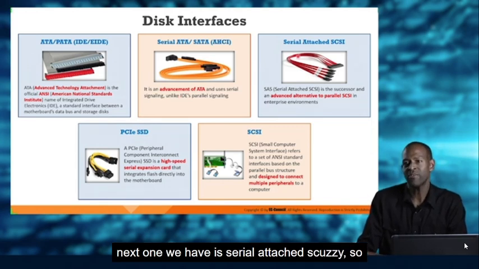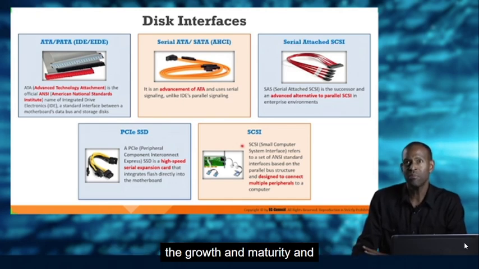The next one we have is serial attached SCSI. So the growth and maturity and evolution of SCSI in server systems finally resulted in SAS, which is serial attached SCSI, successor to SCSI.